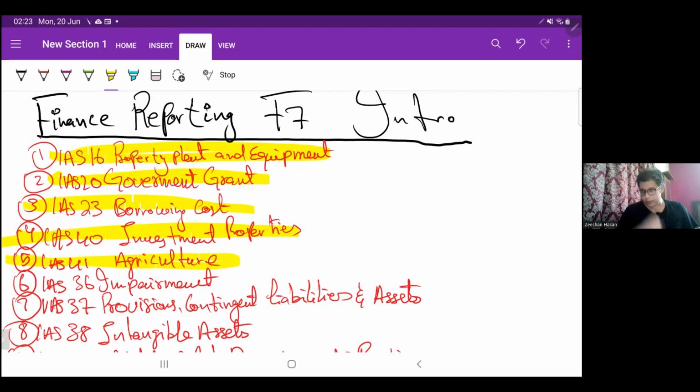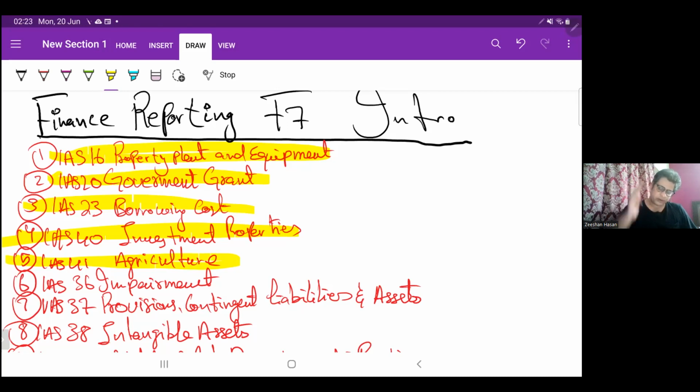In impairment, we will find out what is impairment, how to recognize the impairment, what are the internal indicators of impairment, what are the external indicators of impairment. Obviously, we'll do examples along with all the topics, and then we will go to what is a cash generating unit and what is the method for cash generating unit impairment.